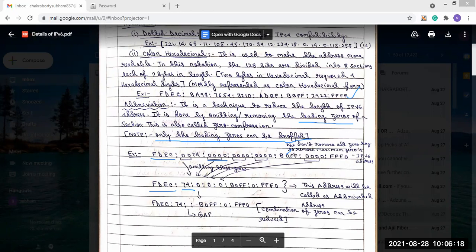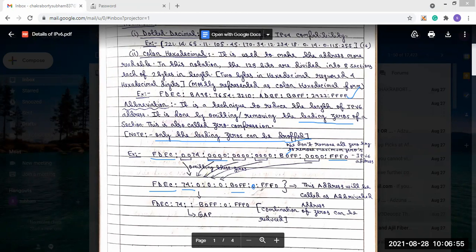It came between B and F. So we have to take the whole B0FF. From the next section, only 1 zero is present, so we reduce it. And in FFF0, we also cannot remove the zero because this zero is a trailing zero, since FFF comes before it.